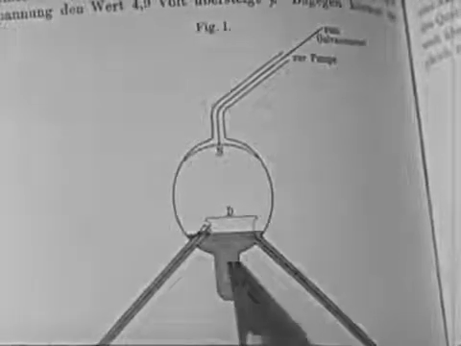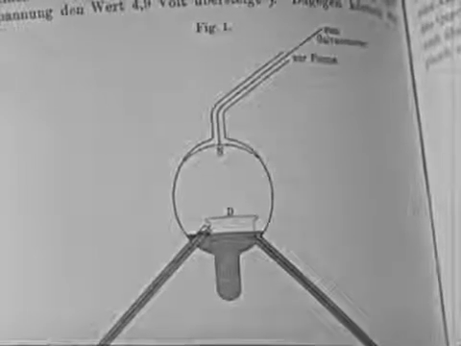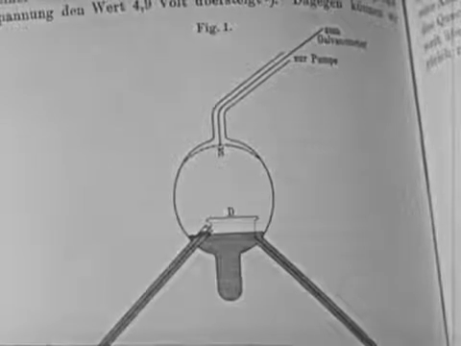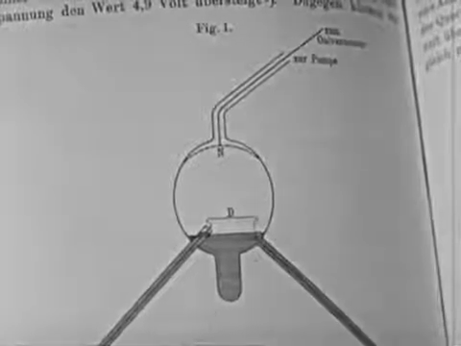This quartz tube contained mercury, and we heated it to a suitable pressure so that enough inelastic impact would occur, and we put a potential difference between the 2 electrodes a little bit higher than 4.9 volt.